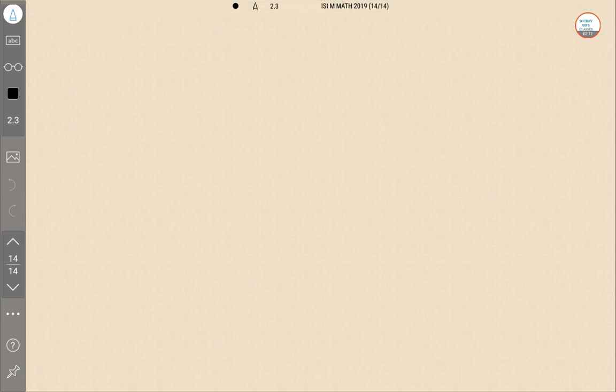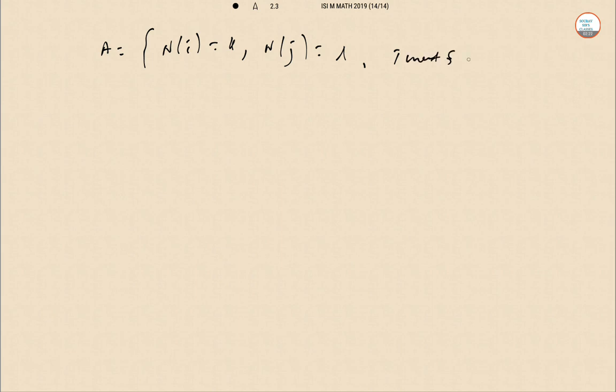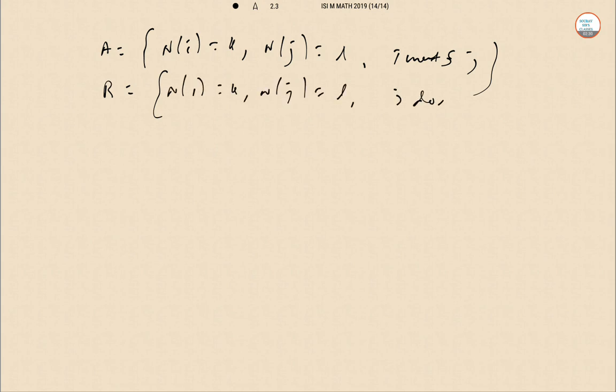So here, introduction of the two events: n_i = k, n_j = l and i meets j, and another one where n_i = k, n_j = l and i does not meet j. Assume that event A happens.